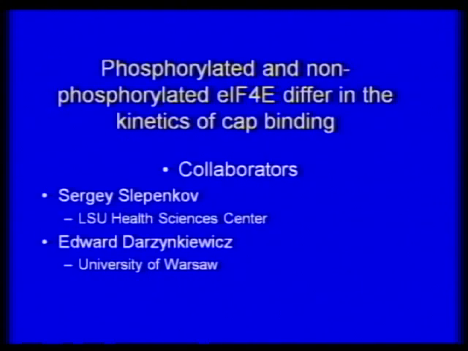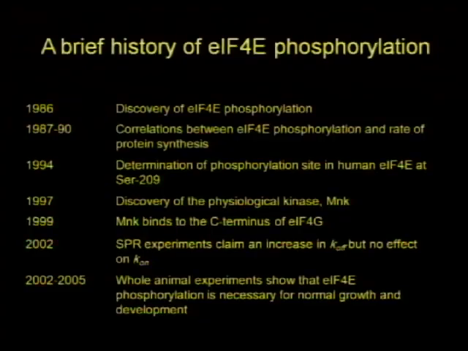So the first story, these are my collaborators, is the effect of phosphorylation. So here's a brief history of phosphorylation of 4E. We discovered it back in 1986 and didn't really know what it was good for, except that we saw that under conditions where protein synthesis was going rapidly, phosphorylation of 4E was very active, in particular incorporation of P32 into 4E.